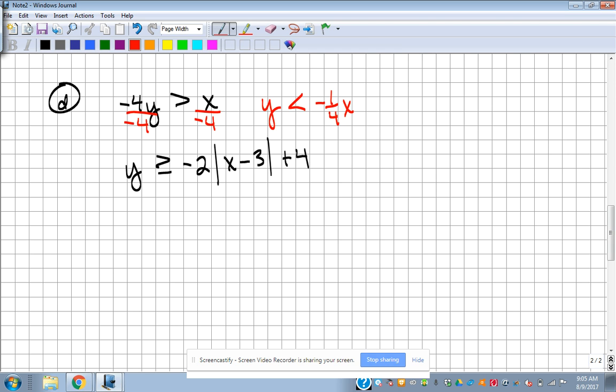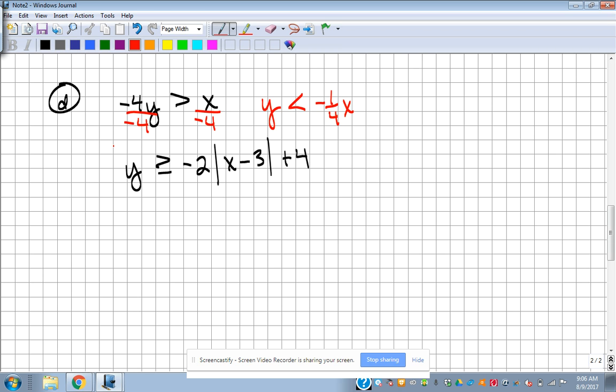That's one of those small things that makes a big difference, because that's the difference in shading above a line or below a line, whether it's greater than or less than. So be careful of that when you've got to get y by itself. Make sure if you multiply or divide by a negative, then you've got to flip that symbol. Okay. All right. So we got that one good to go.